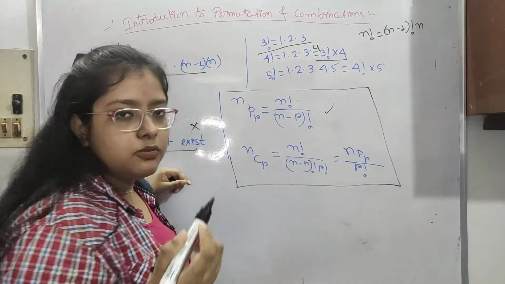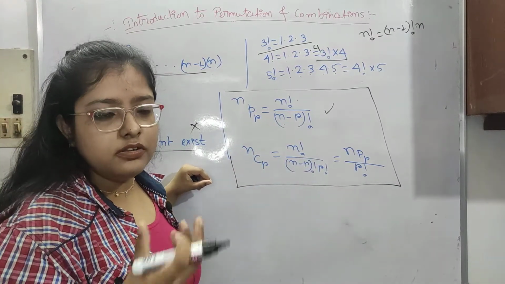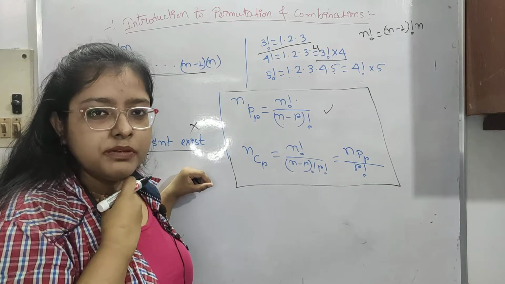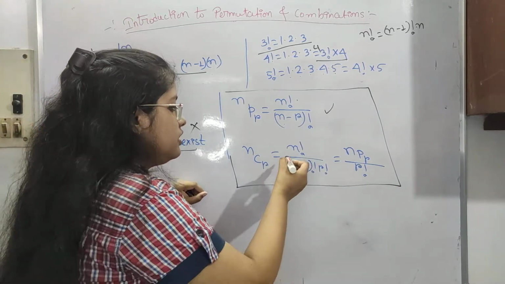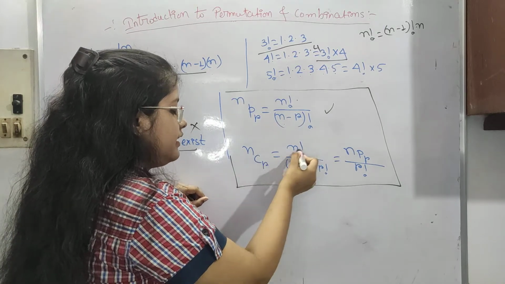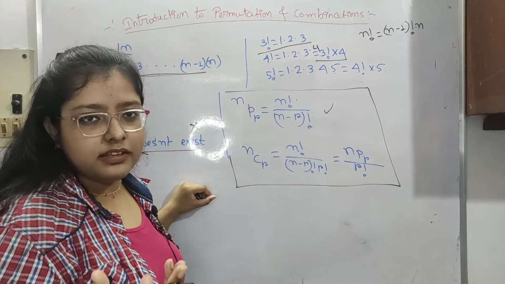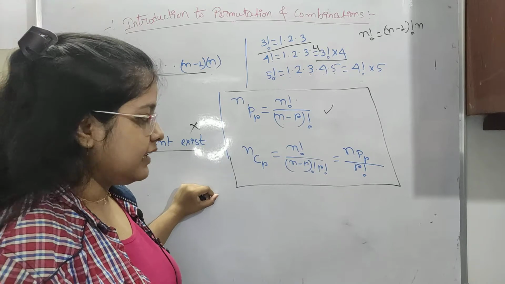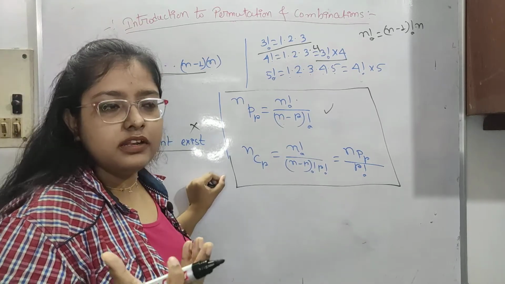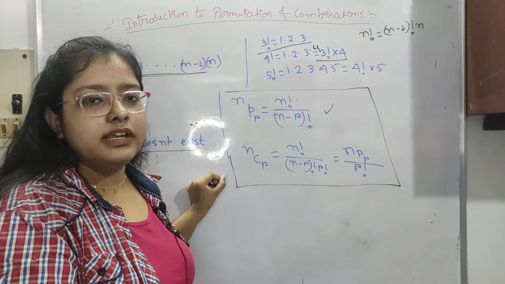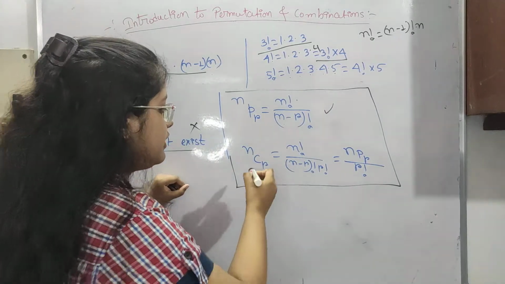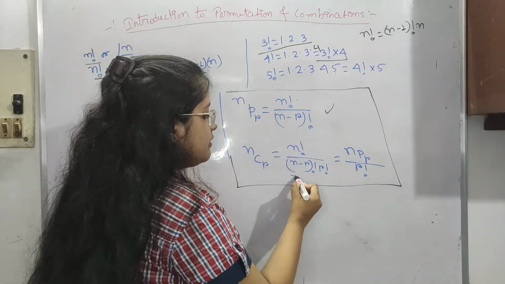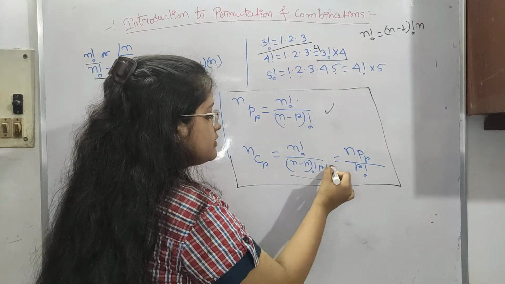nCr is, see, maybe those who have already done a lot of questions may feel bored, so you can just fast forward the video. But I'm assuming that people who don't know anything will come to this video and can follow along. So nCr is n factorial divided by n minus r factorial into r factorial.